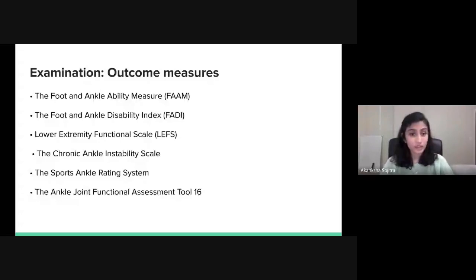Foot and Ankle Disability Index, Lower Extremity Function Index, which is commonly used in clinics, Chronic Ankle Instability Scale, Sports Ankle Rating System, and Ankle Joint Functional Assessment Tool. So these are all the outcome measures which have shown good outcomes clinically and research-wise over a period of time.